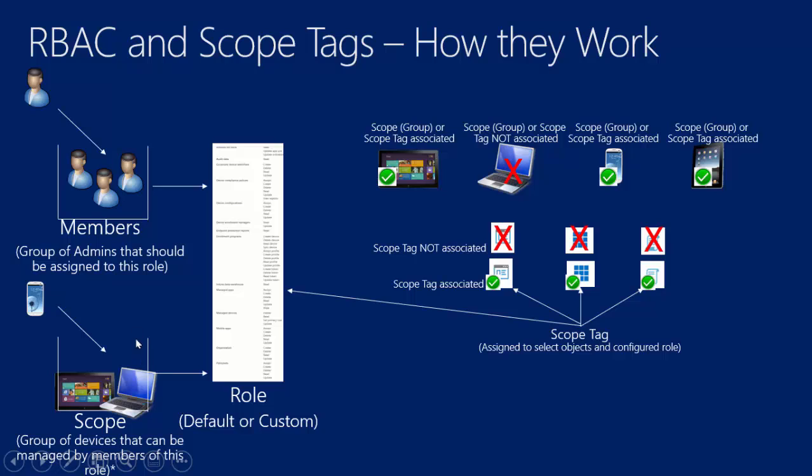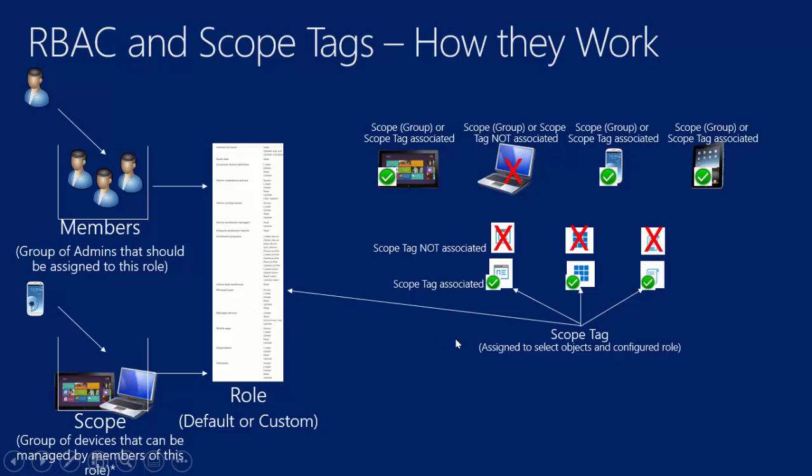So, but maybe you want to only allow admins that are in this group to have ability to perform their permissions on certain devices. So here in the scope, it's the scope of devices that members of this role are able to work on, right? And so you can use this scope group, if you will, to limit the range of devices that members of this particular role can act on.